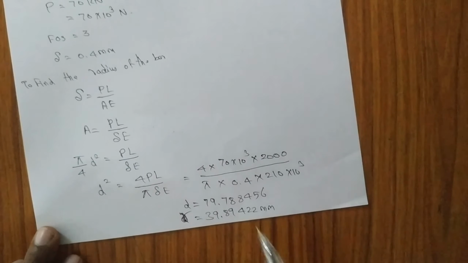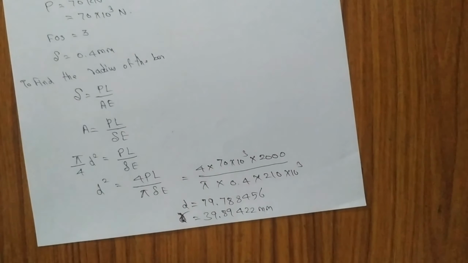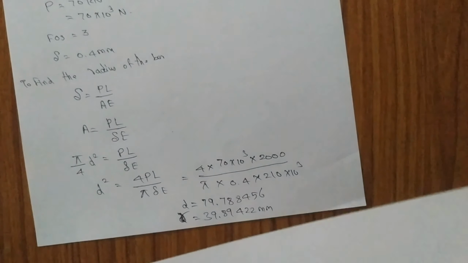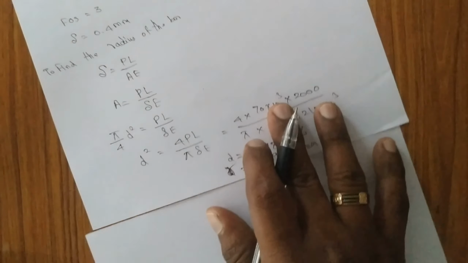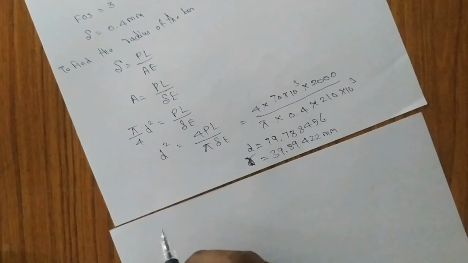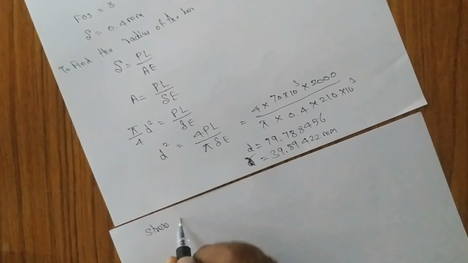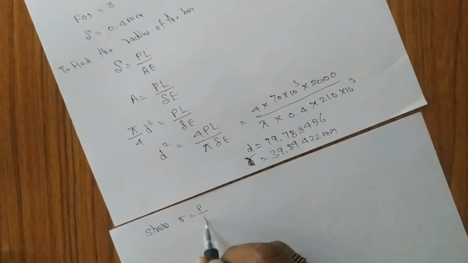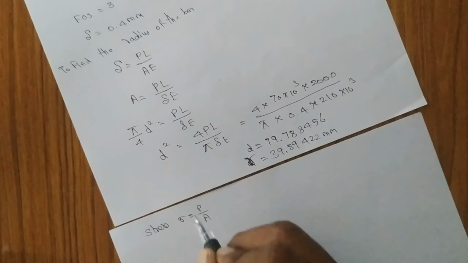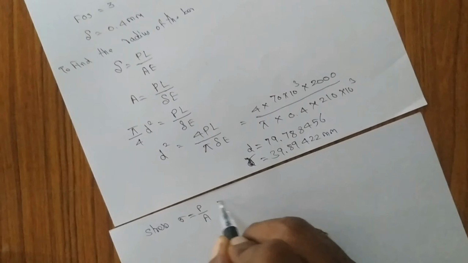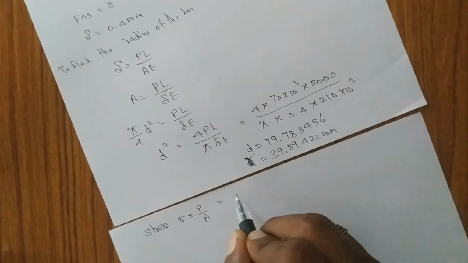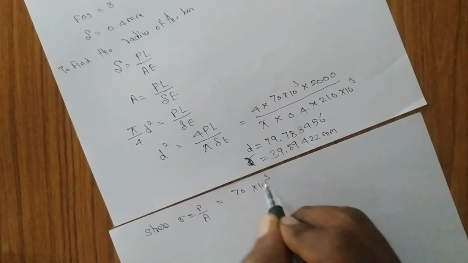The remaining part is to find the stress and strain values. Finding the normal stress: that is load by area, with the allowable load 70 into 10 to the power of 3.